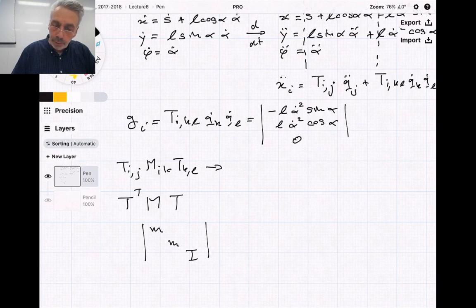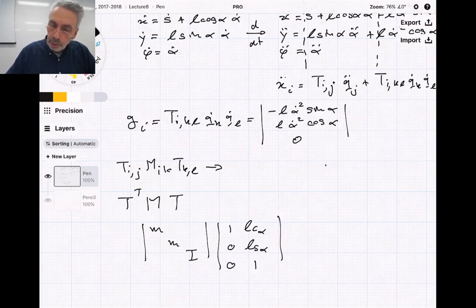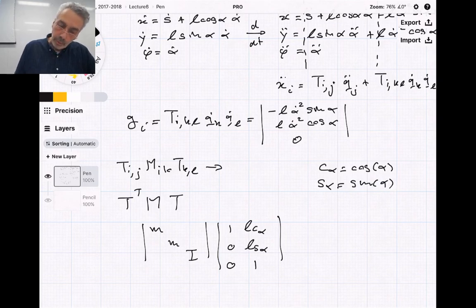The transformation matrix was a 1, and then a 1, an L cosine alpha, and then a 0, an L sine alpha, and then a 0 and a 1. And I use the shorthand notation, S alpha is sine alpha. And then in front of it we need the transpose of that thing. Well, that shouldn't be so hard.